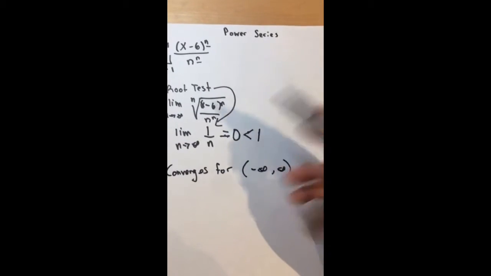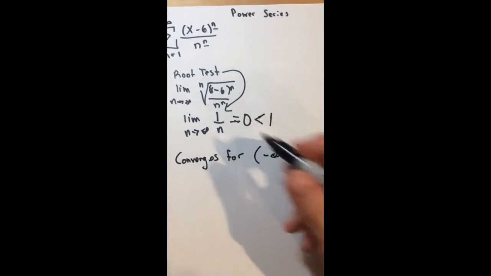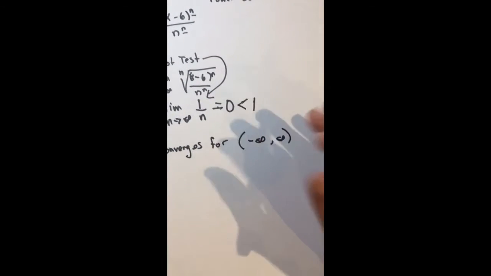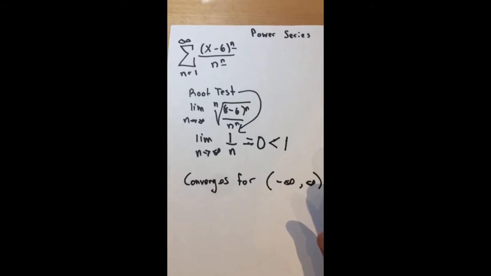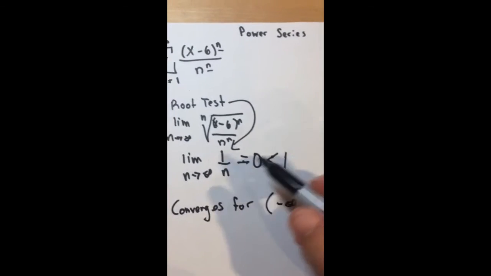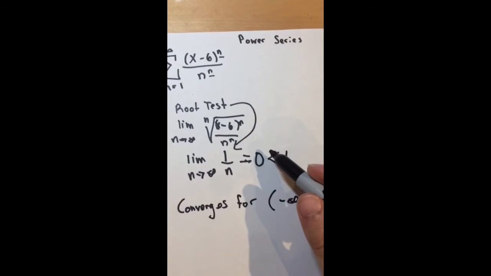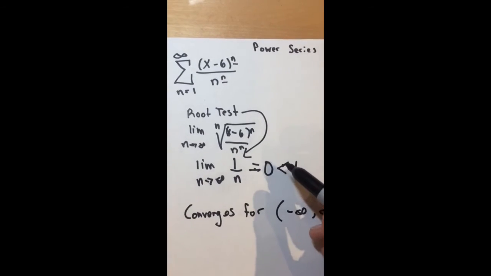If it was greater than 1, it would diverge. But this is pretty easy. Calculus in about, say, 2 minutes maybe? And the radius of convergence here is also infinity because we get our limit as 0.